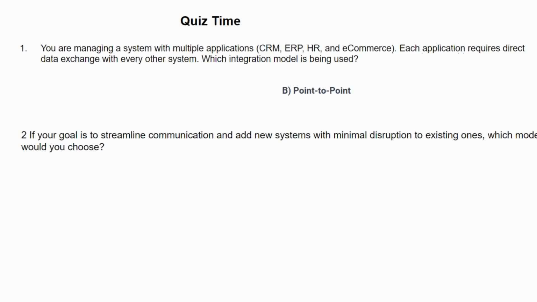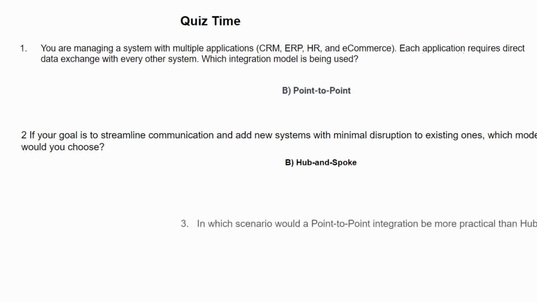Let me give you the answer without wasting your time. It's hub and spoke, because this says streamline the communication and add a new system with minimal disruption to the existing ones. I don't want to cause any kind of disruption or issues with respect to existing connections. I want to make the change with minimal changes, adding the new system.